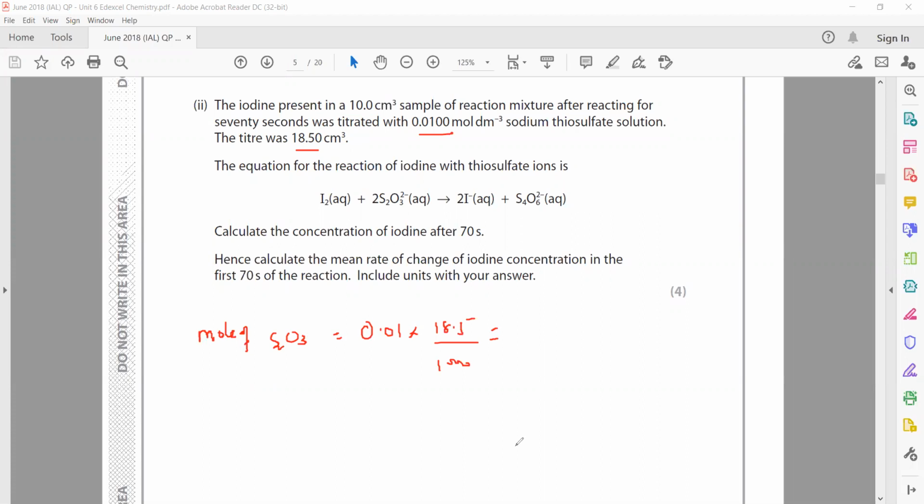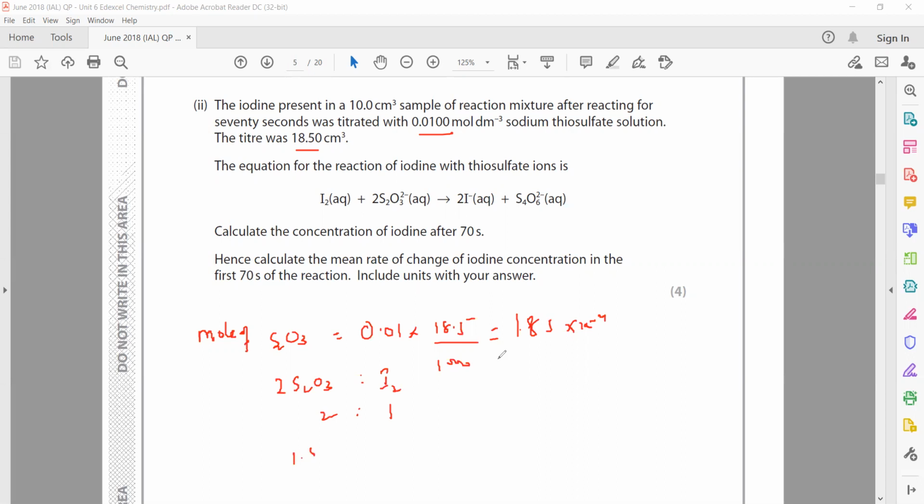This gives us the moles of thiosulfate, which is 1.85 × 10⁻⁴. From moles of thiosulfate, we'll use the ratio thiosulfate to iodine: 2 moles of thiosulfate to 1 mole of iodine. So 2:1 is the ratio.